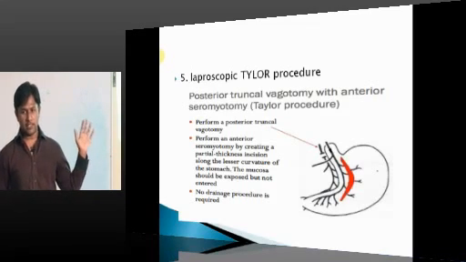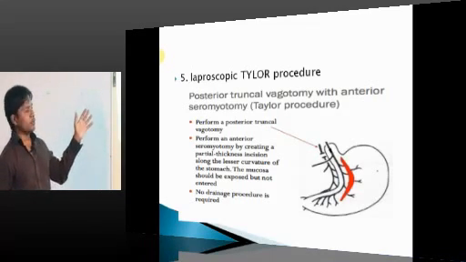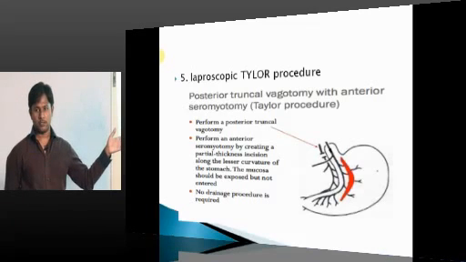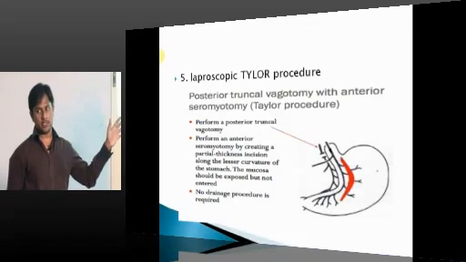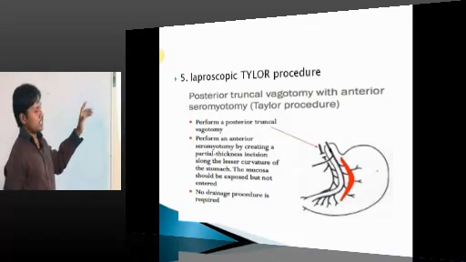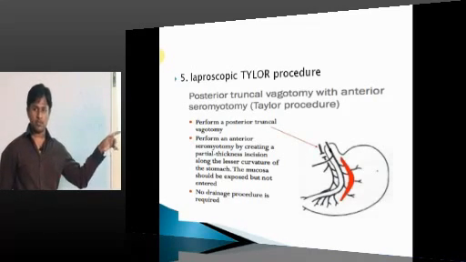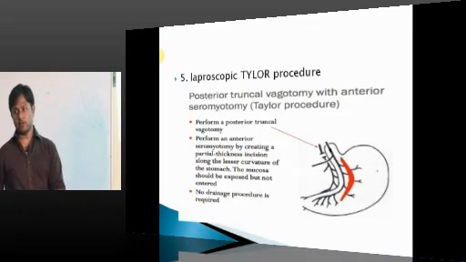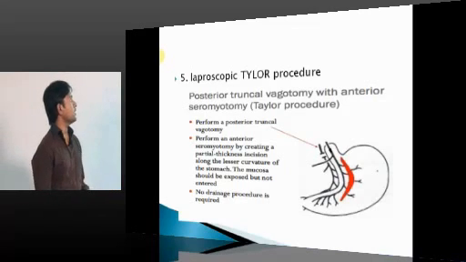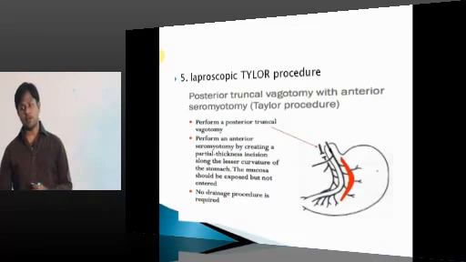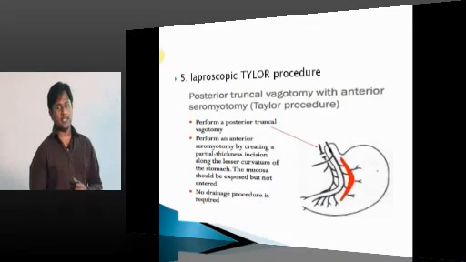This is as effective as truncal vagotomy plus antrectomy and reconstruction. Okay, this is also a big surgery, but it is very effective and commonly done nowadays, because laparoscopy is the common procedure that we are doing. So here what we do is a posterior truncal vagotomy with anterior seromyotomy.